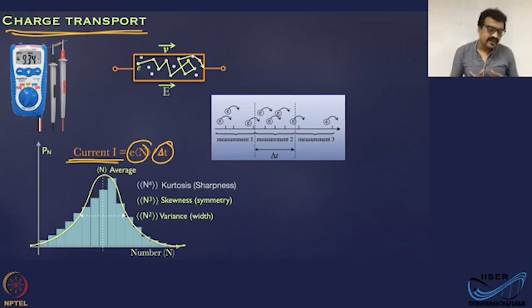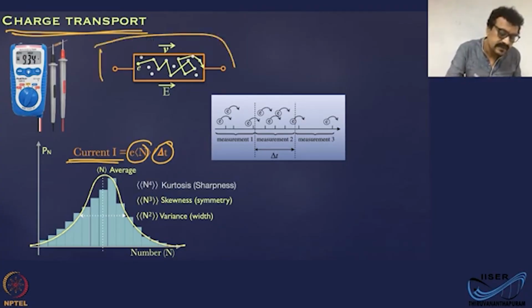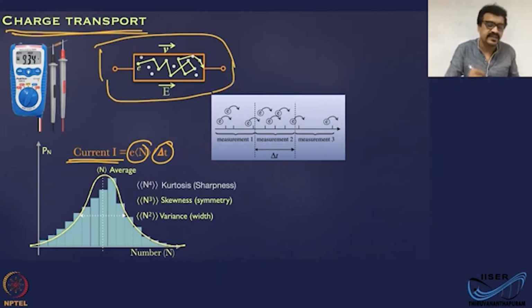But remember, these electrons are discrete packets of charge. They don't flow continuously. Though you can represent them by current, they are discrete packets. And when they go through something like a classical device, for example, a resistor, there is statistics playing there.